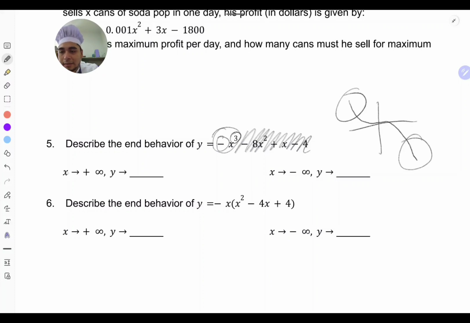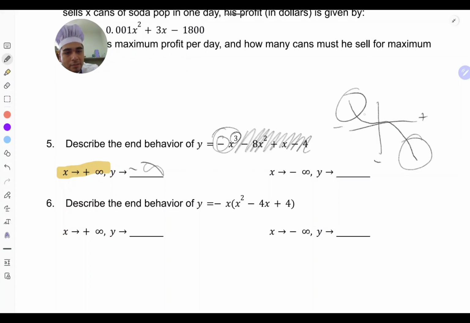As x approaches positive infinity, meaning as x gets closer and closer to positive infinity, what is y doing? Well, y is going closer and closer to negative infinity, as we can see. What about as x gets closer and closer to negative infinity?